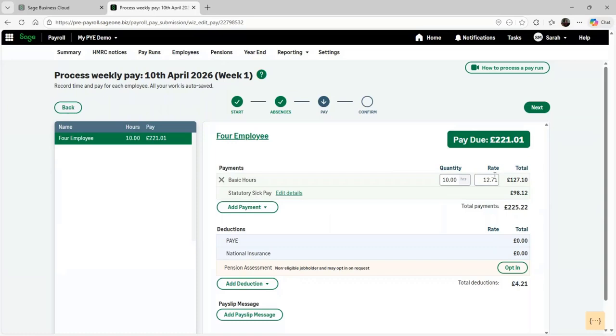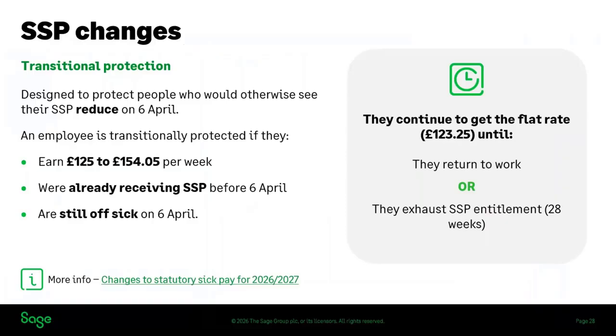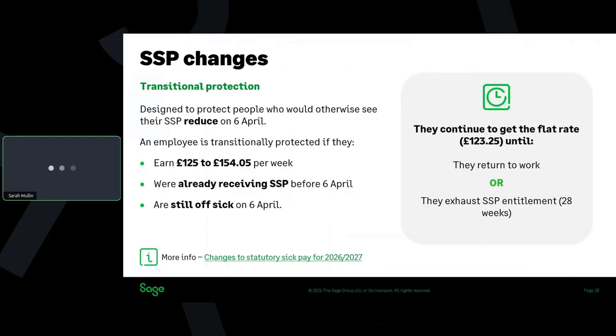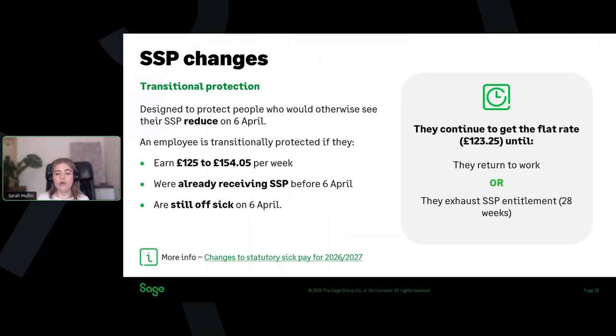Previously, this employee would get nothing. Now they are getting £98.12, which is 80% of their average weekly earnings. Remember, it's always going to be the lower of the two. So that is a bit on how SSP works with the new rules applied. As you can see, really simple, as payroll is going to handle all of that for you.